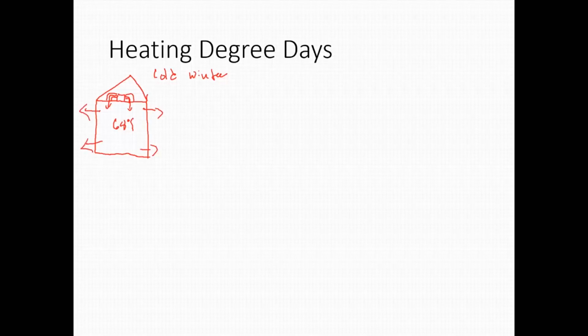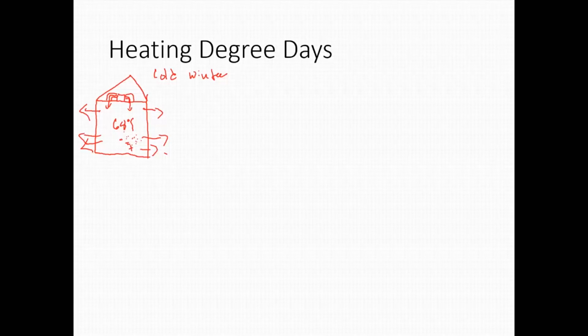Energy moves from higher concentrations to lower concentrations. The pressure inside your house is going to be higher than the pressure outside. So that energy inside of your house, whatever the little dots there are, it's going to want to move outside of your envelope, to the exterior of your house. And the higher the temperature difference, the more energy is going to be transferred.